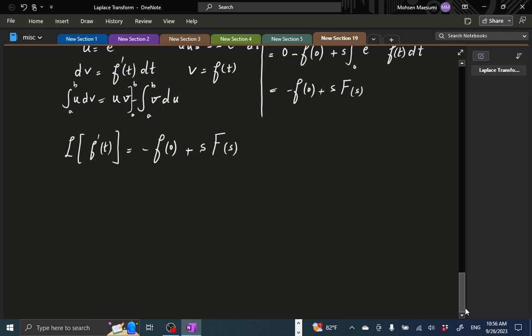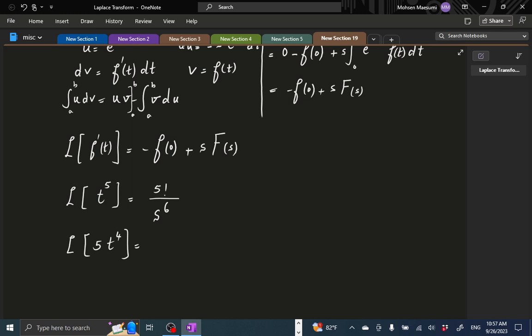So let's practice this. Perhaps if you have the Laplace transform of t to the power of 5, I know that that is 5 factorial over s to the power of 6. Now if I go ahead and differentiate this thing, the Laplace transform of 5t^4, of course I can apply that formula all over again, but we're trying to practice this.